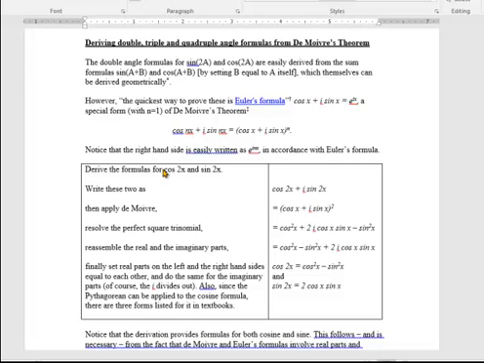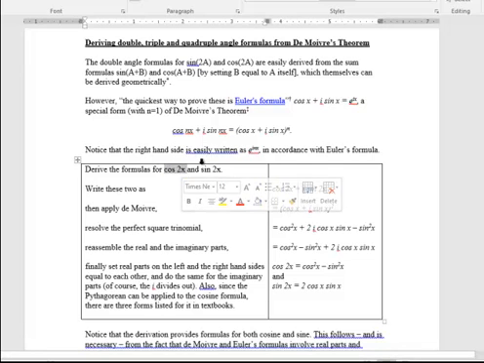What we will find in the book are these double angle formulas. So when you have cosine 2x plus i sine 2x, this is the left-hand side of the theorem, and this here is the right-hand side. You see the square there, so we have this perfect square trinomial.